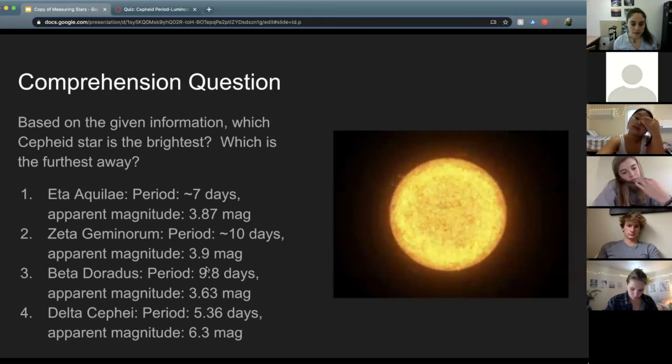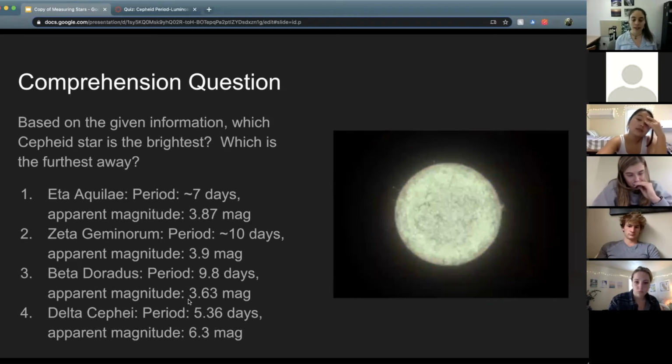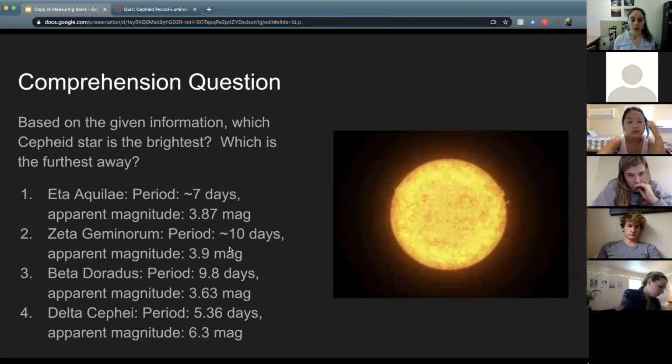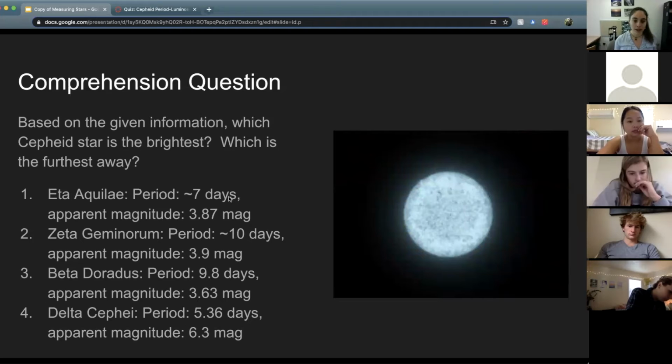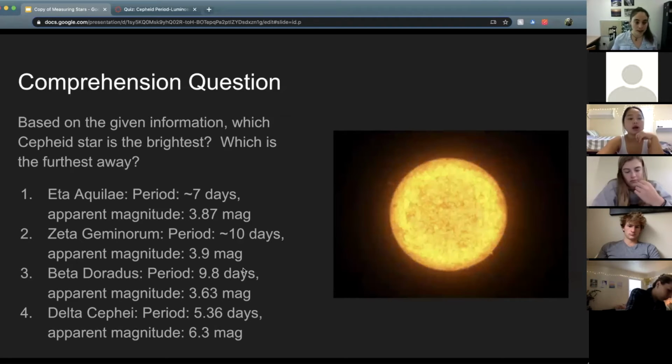So Delta Cephei is going to actually be the faintest because it has the shortest period. So shortest period will be fainter, longer period will be brighter.